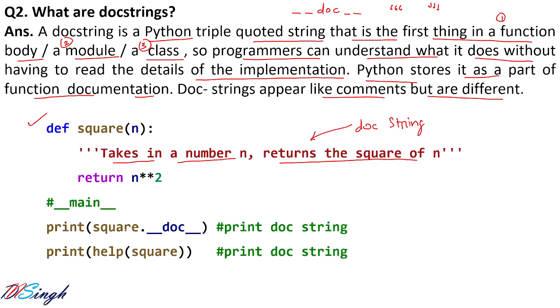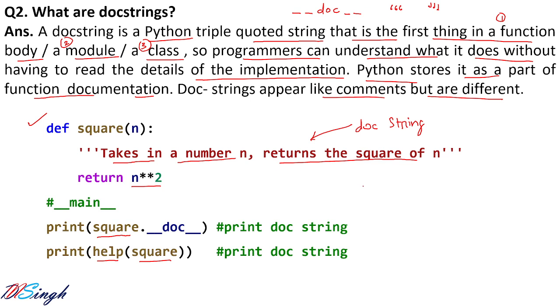So you can access it using this variable called __doc__. You will write the function name, then dot, then __doc__. Or otherwise you can utilize the function called help. Inside that help, write the function name, and it will print the doc string. Remember, this is a user defined function, so very simple code, only one instruction is there. It is returning the square of a number.